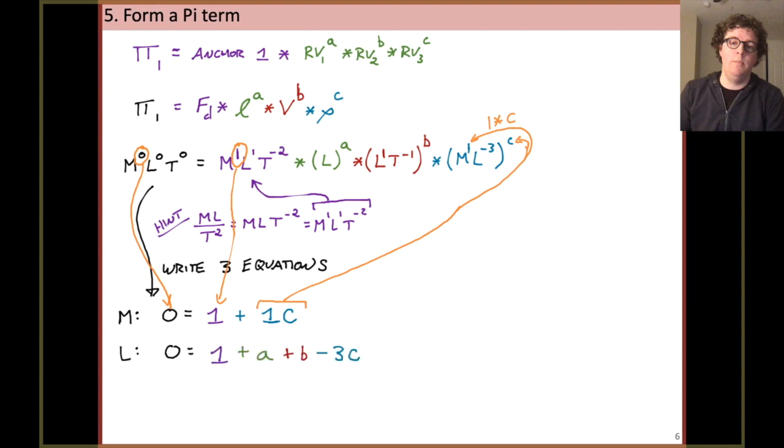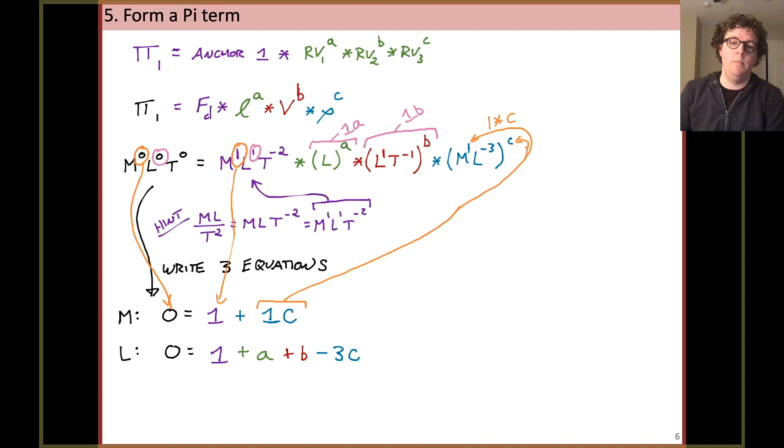You can do the same thing for length, where, let me grab a different color here, I'll use a pink. 0 on the left-hand side, we've got a 1 in the purple term. We've got length raised to the a power in this green term, so we have 1 times a, and I just wrote plus a there. Similarly, in the next term we've got 1b, and I just wrote b.